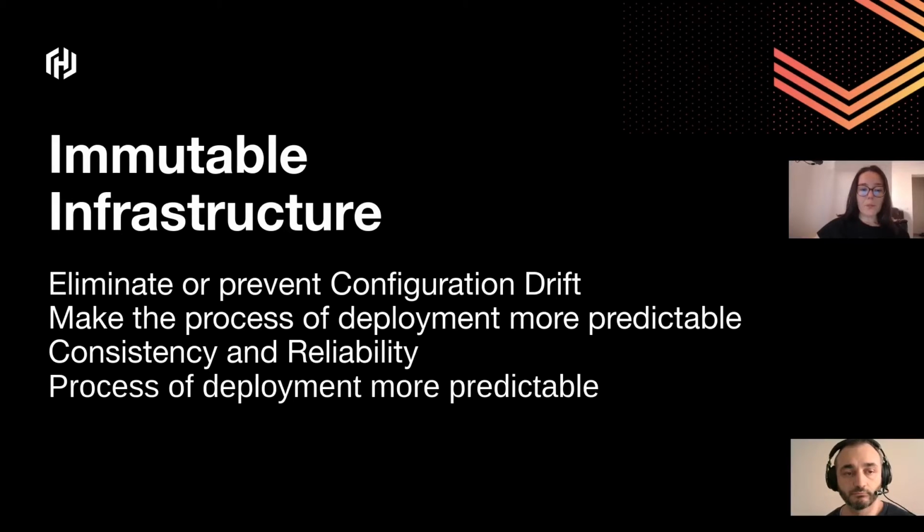Typically, configuration management is only used during image creation. The scope is to make the process of deployment more predictable, other benefits being, for example, consistency and reliability, which in turn translate to a more stable infrastructure.